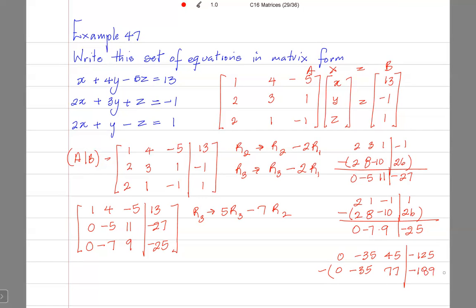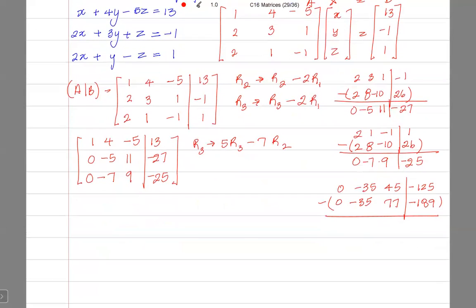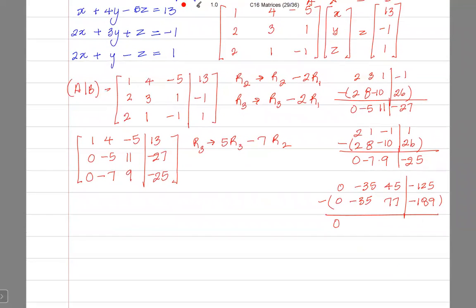And I'm subtracting, giving 0, 0, minus 32, and this is minus 64.